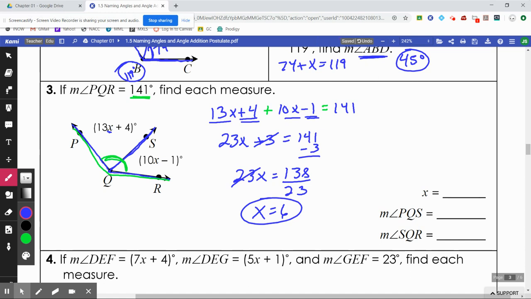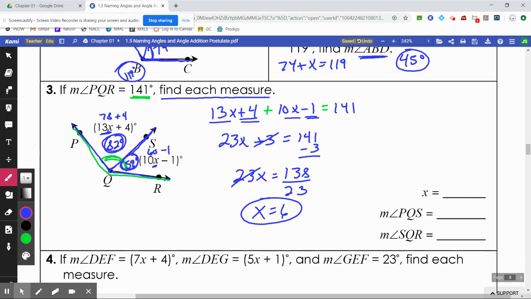But look what they ask you for. Find each measure. Now that you know x is 6, everywhere you've got an x, you put 6. So this is no longer 13 times x, it is 13 times 6 plus 4. That's 78 plus 4, which is a total of 82 degrees. That's this angle. 10 times x is now 10 times 6, which is 60, minus 1, which gives you 59 degrees.